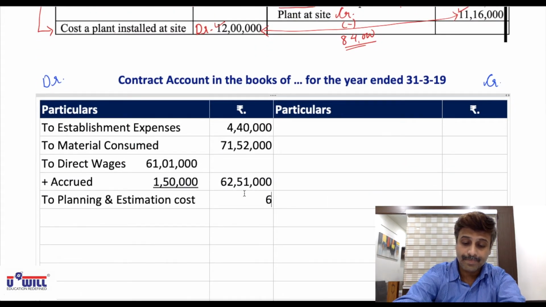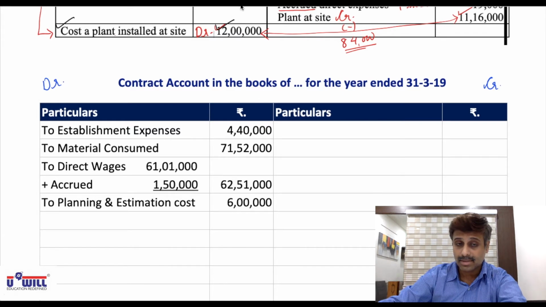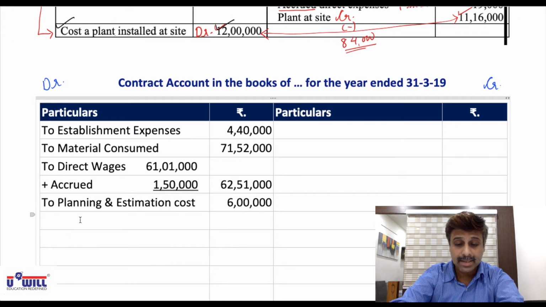Okay. Then after planning and estimation cost, we have cost of plant installed at site, 12 lakhs. This also will come on the debit side instead of depreciation. So plant in bracket at cost, that is 12 lakhs.